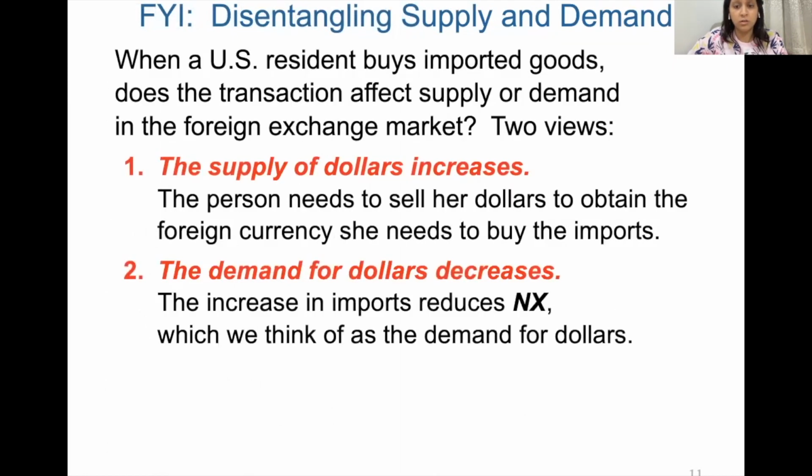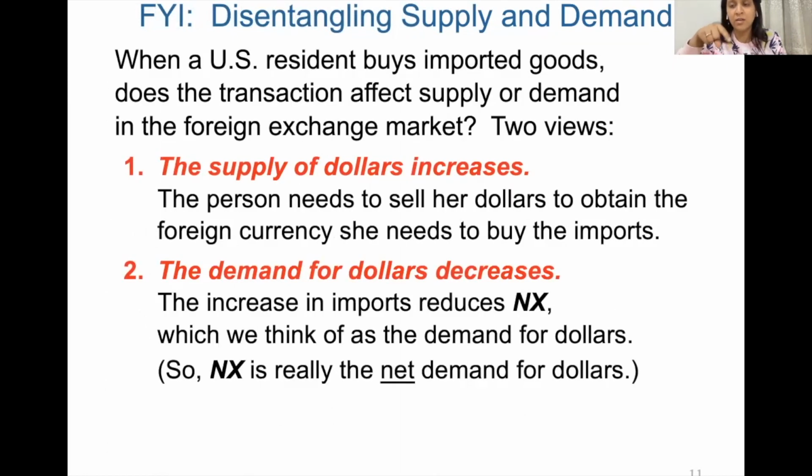Now, they're explaining why net exports is essentially the net demand for dollars and net capital outflows is essentially the supply of dollars. They've broken it down. Say for instance that somebody in our home country, the US, buys goods from outside. They import goods. So what happens? There are two things that happen. Since you're buying goods, you're going to sell your dollars, or basically give dollars to acquire that good from some other country, right?